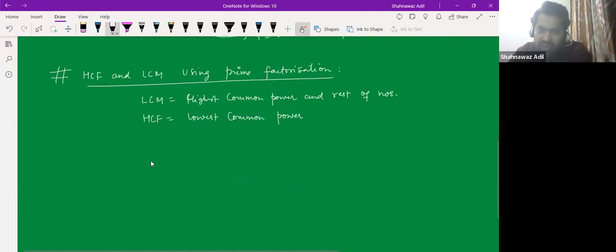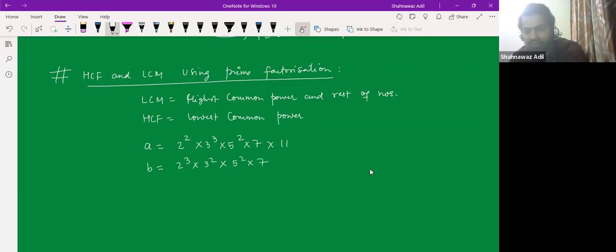Let's say we have one number, which is 2 square, 3 cube, 5 square, 7, 11. We have another number, which is 2 cube, 3 square, 5 square, and 7. Then what would be the LCM of these two numbers?